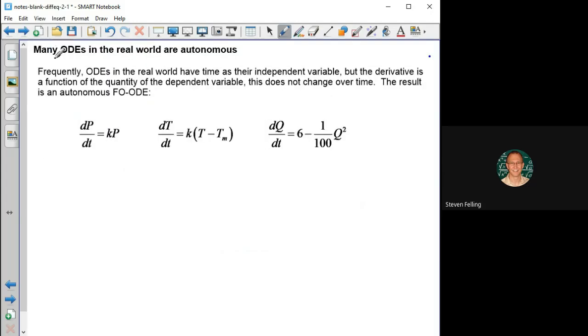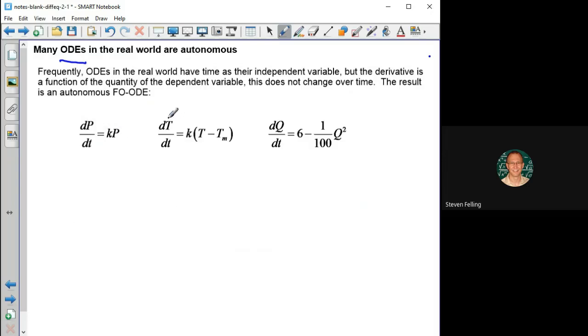Many ordinary differential equations in the real world are autonomous, because a lot of times the independent variable is time, but it's not true that the derivative of some quantity with respect to time always depends on time. It could depend on something else, like populations. The rate of change of a population might depend on the size of the population, but not on the time itself.